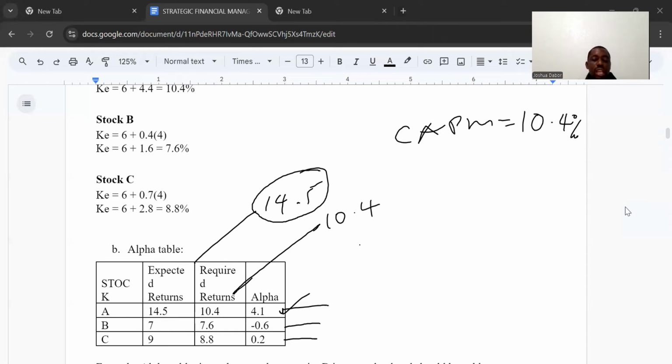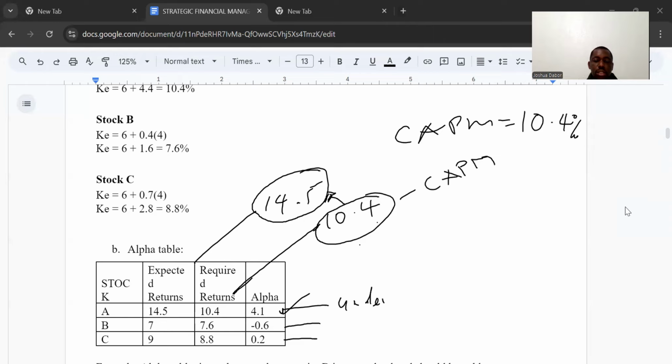So for security A, the valuation is 10.4, based on the capital asset pricing model. So this model has undervalued the return, but the actual return is this. So based on my model, I've undervalued the security.